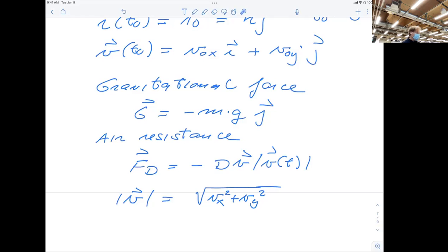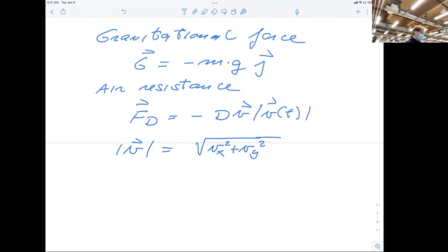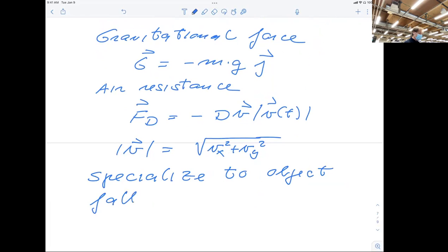But in this exercise, we specialize to an object falling in the y direction only.